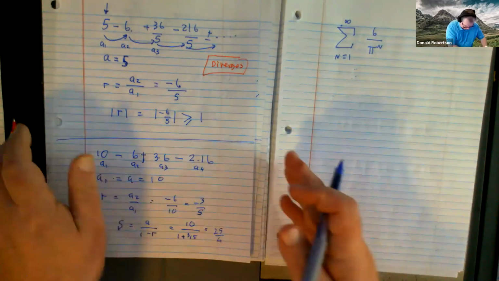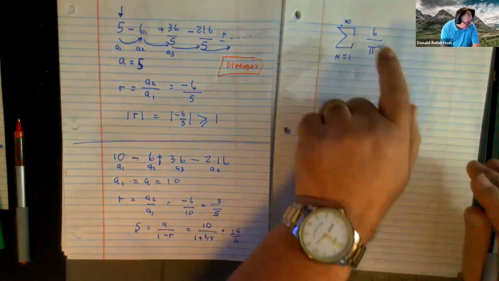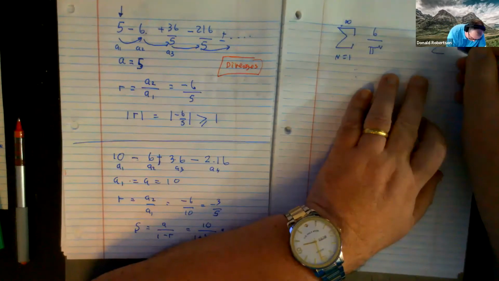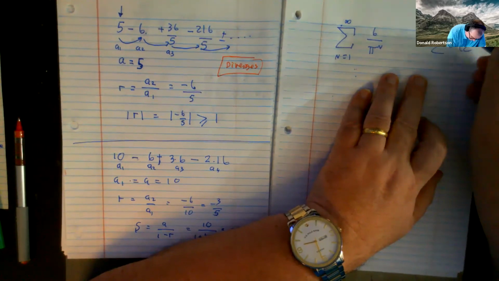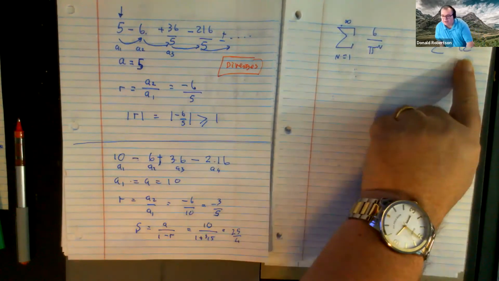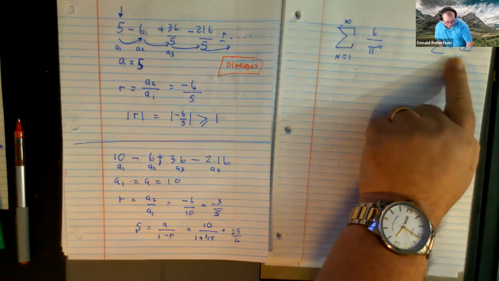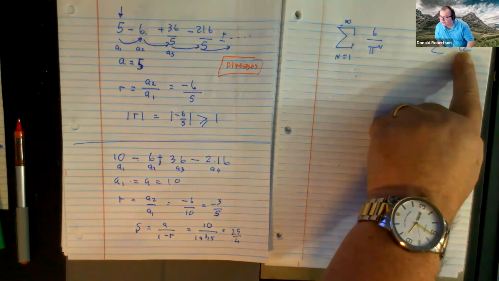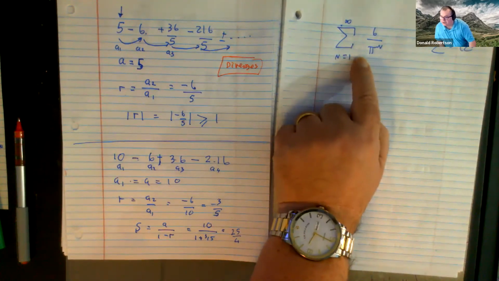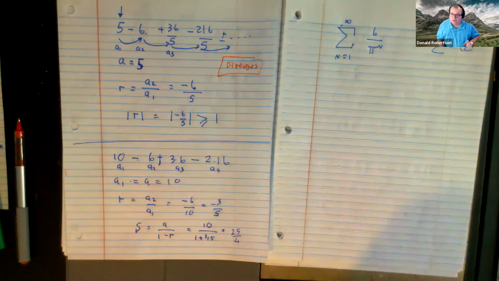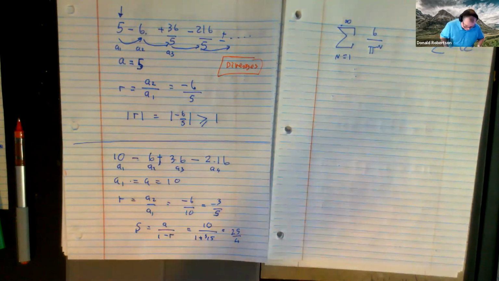And so we have to figure out how to get those two important values. Would you agree it looks nothing like 3 times a half to the power n minus 1? Isn't that the way a geometric series should look? Because then I can tell A and I can tell R without any trouble. You see, this does not look like it, right? So how am I going to figure out the two guys?